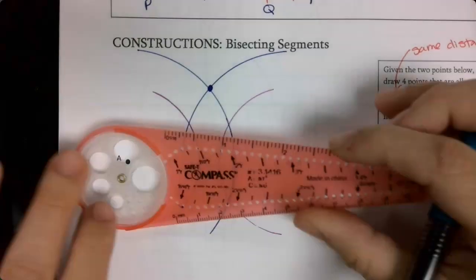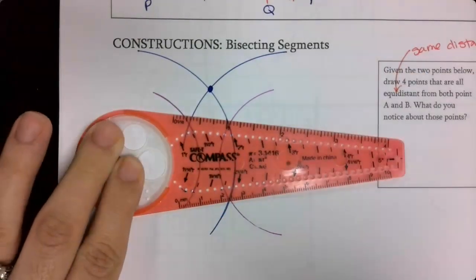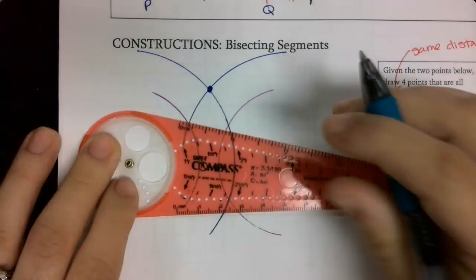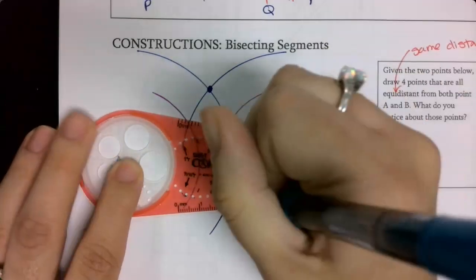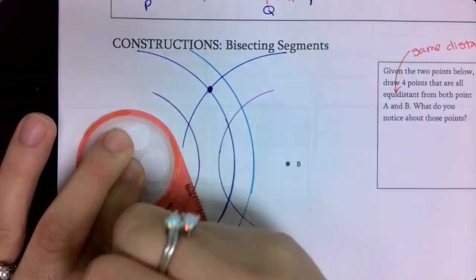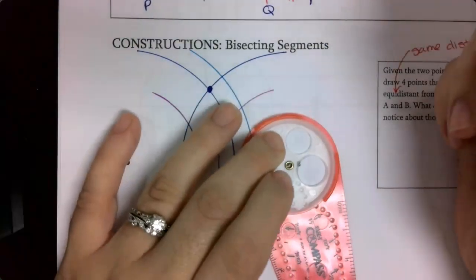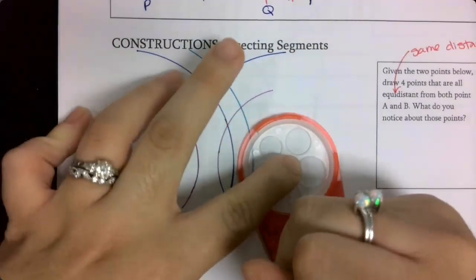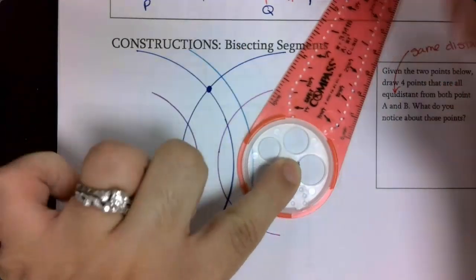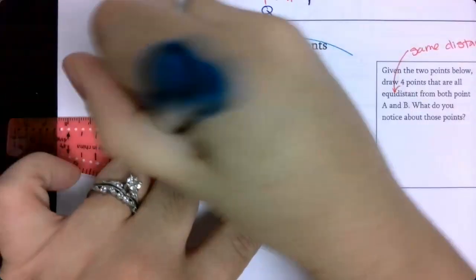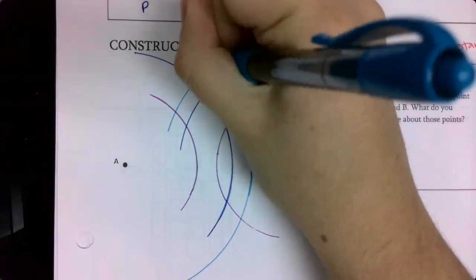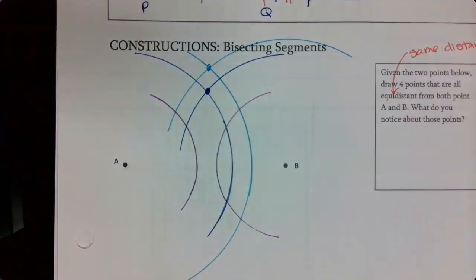So I'm just going to make ones that are bigger than the first one I made. So for these ones, I'm just picking random holes and making sure I'm using the same hole between A and B.